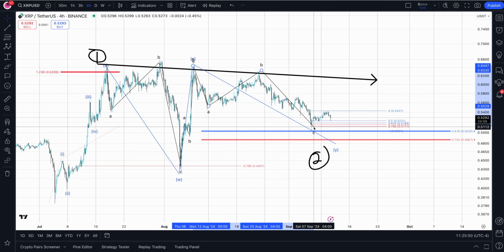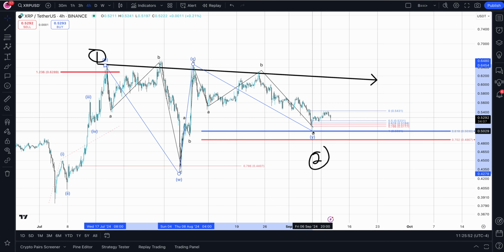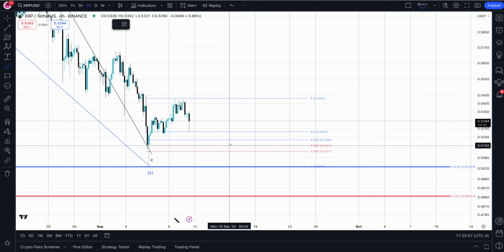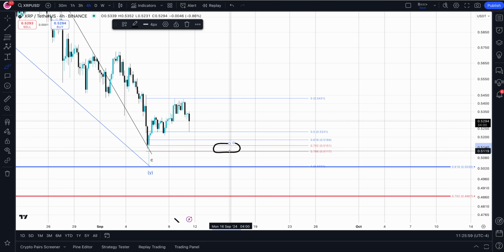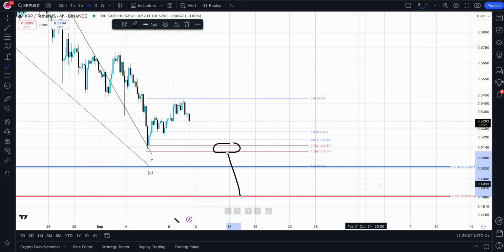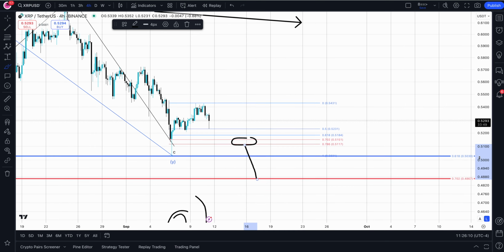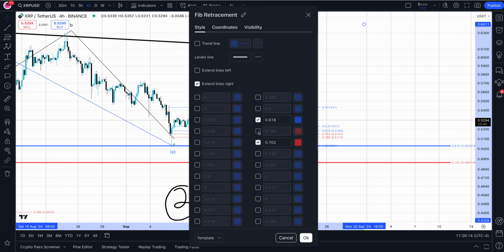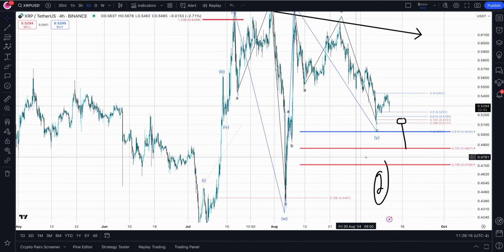Right, so it's either this is done over here, the correction is done, but if we end up losing this level right over here at the 702, 786, then it's likely the price will go ahead and take out the low set on September 6th down towards the 70.2 at 0.4867 with a possibility to wick towards the 786 at 0.47.